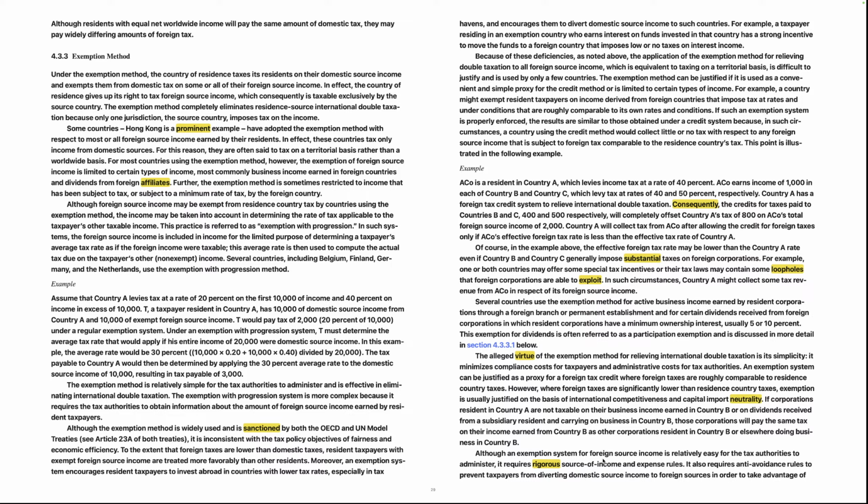It also requires anti-avoidance rules to prevent taxpayers from diverting domestic source income to foreign source income in order to take advantage of the exemption. Finally, it requires expense allocation rules or anti-avoidance rules to prevent taxpayers from deducting expenses incurred to earn exempt foreign source income against their domestic income.